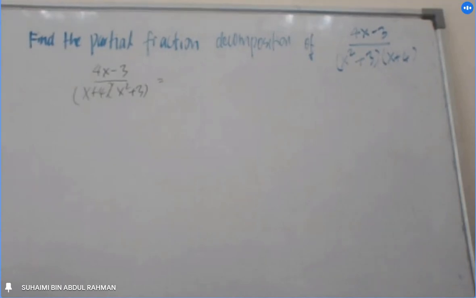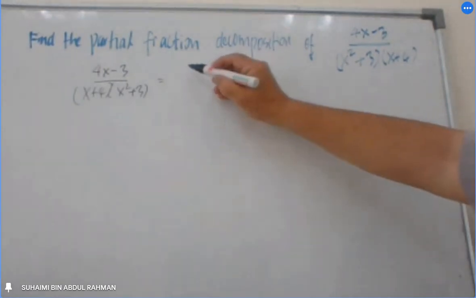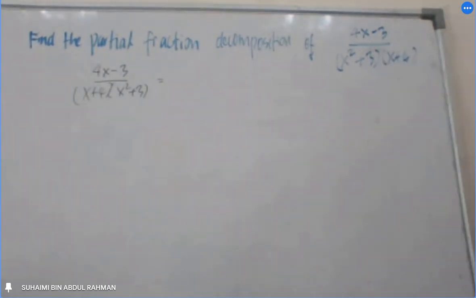Remember that rule C applies to irreducible quadratics. A quadratic which is reducible cannot; we have to reduce it. So it is an irreducible quadratic. It is equal to what?